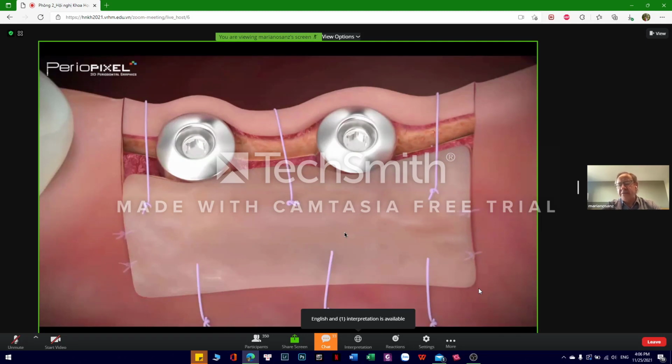So the surgical intervention is very straightforward.